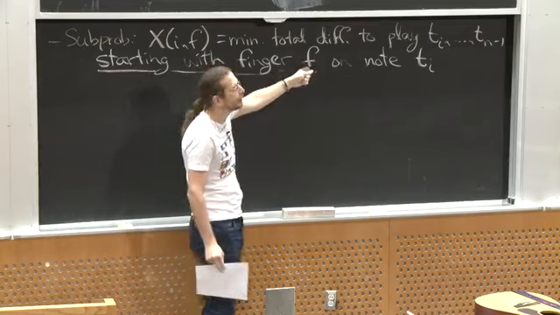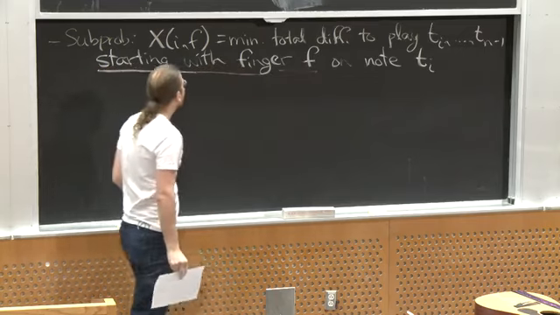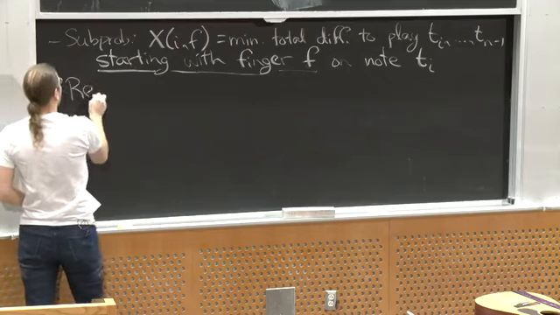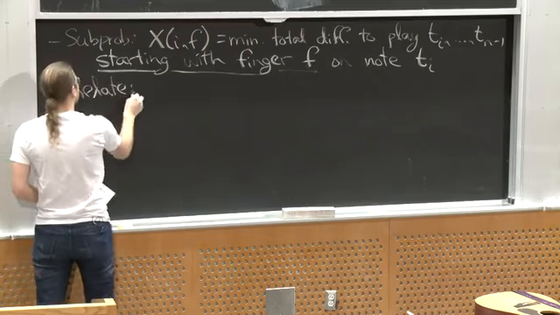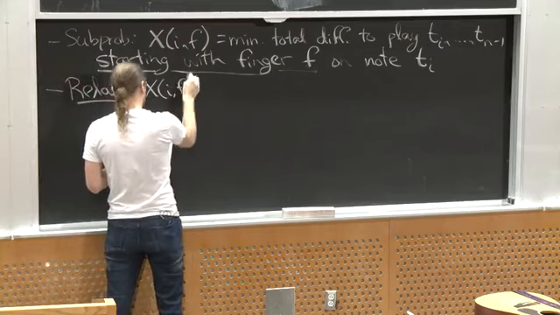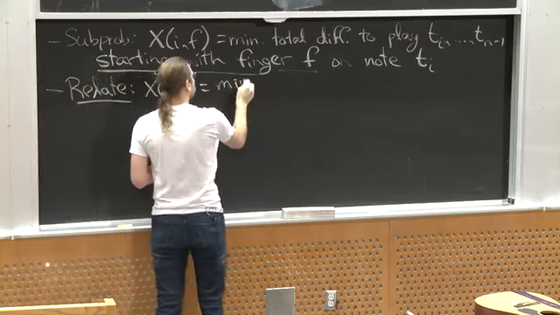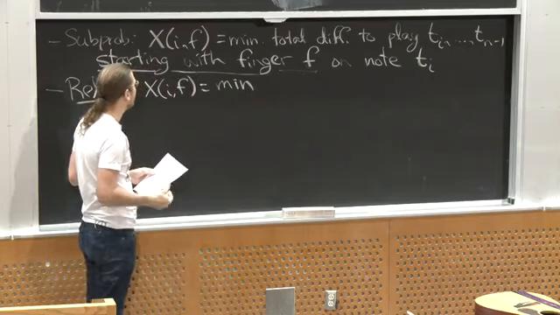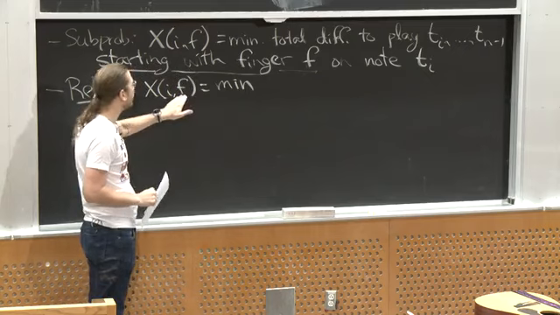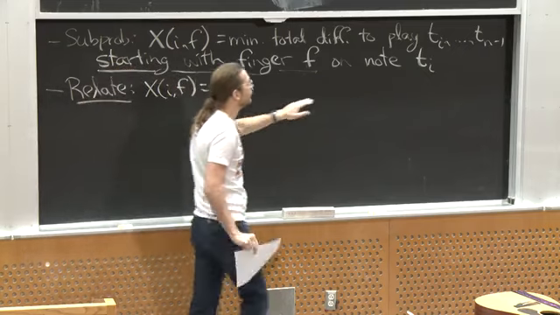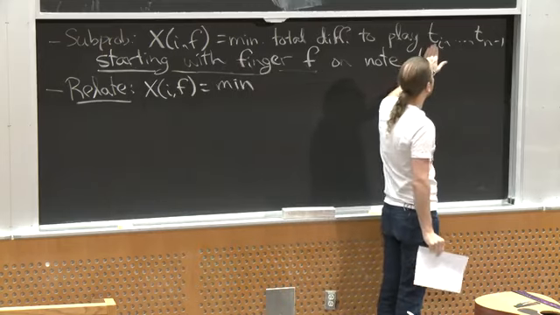finger? What if I started with my second finger? What if up to the 5th finger? Try them all. Okay, then it turns out I can write a relation, which is x of t_i, f equals the min. What should I min over? I'll just guess this. I'm already told what my first finger is to use, which finger I should use for t_i. So what's the next thing that matters?